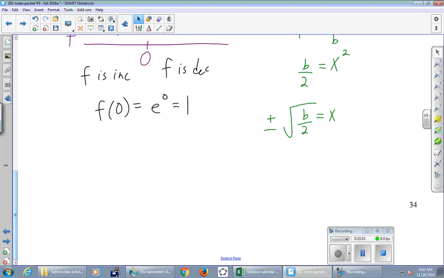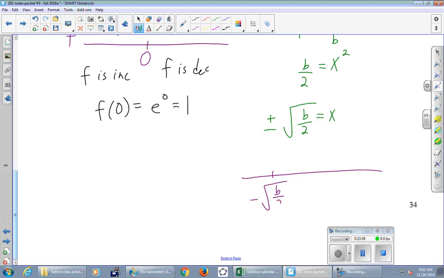We are going to do another sign chart. I've got negative root b over 2 and positive root b over 2. And I want to label this sign chart. Is it f, f prime, or f double prime? F double prime. Label it with whatever function gave you the zeros.